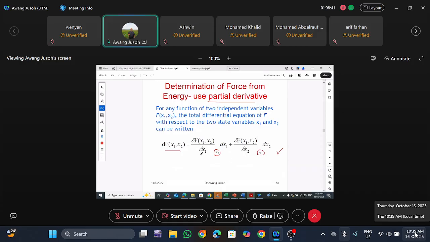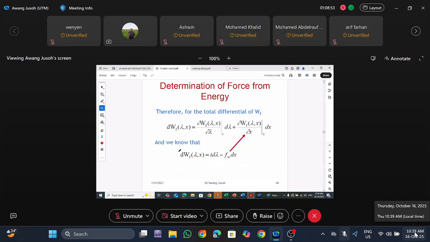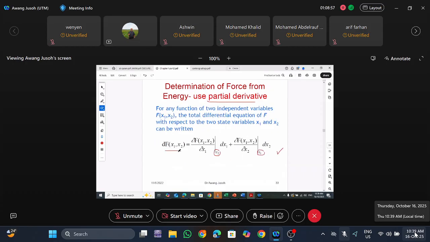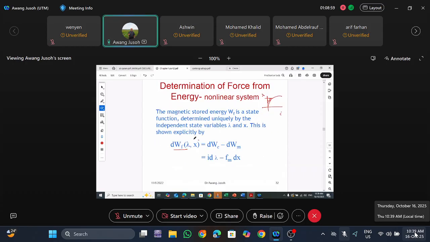Okay, so we have this statement. We can use the partial derivative to get the total differential equation for this function. All right, now we try to relate this with our original equation, where we have two variables, lambda and x. The function is the energy Wf, and its state variables are lambda and x.